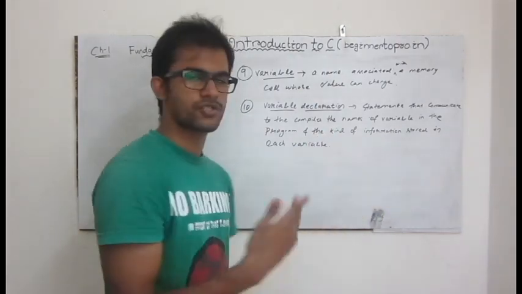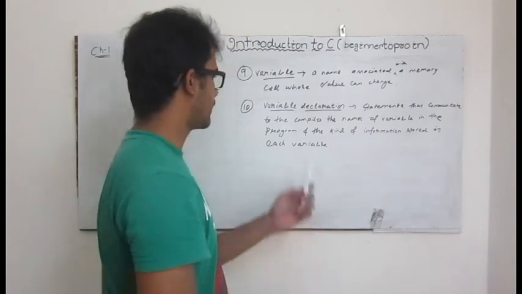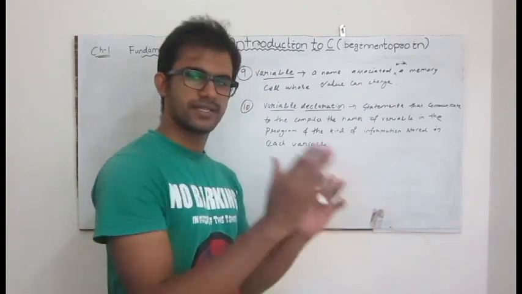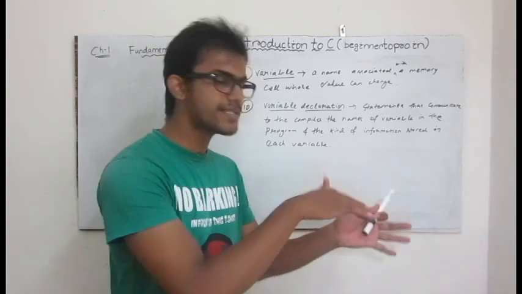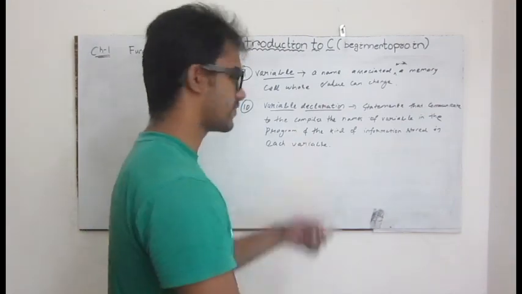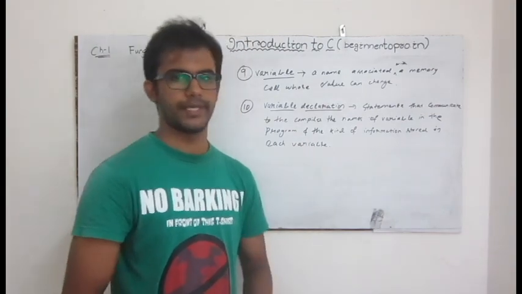So variable declaration communicates with the compiler that these variables have these kinds of values stored in them. The work of this is this only.